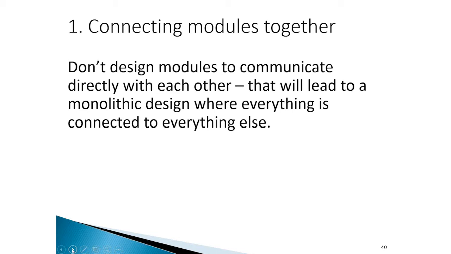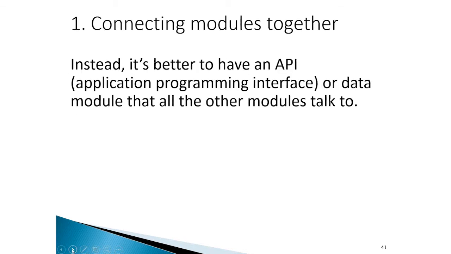So moving on to the next slide, instead, it's better for you to have an API called data module. An API is an application programming interface. So this API or data module would be one module that all of your user-facing modules talk to. So for example, any module that needs access to data. What we don't want to do is we don't want every module to be accessing data on its own.